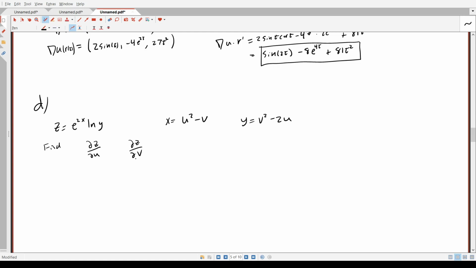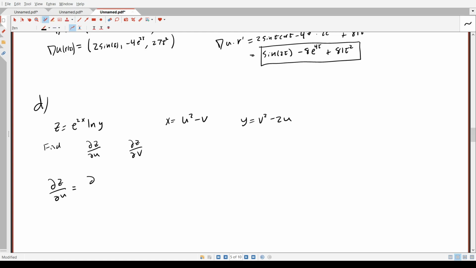Okay, so this one isn't as easy, because I can't just do this dot r prime thing. But what I can do is write it like this: dz/du.